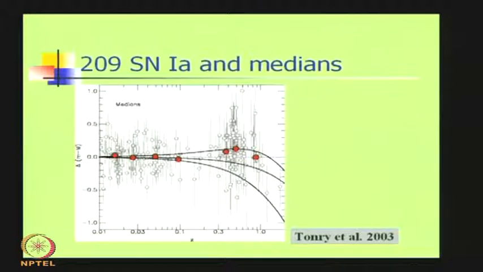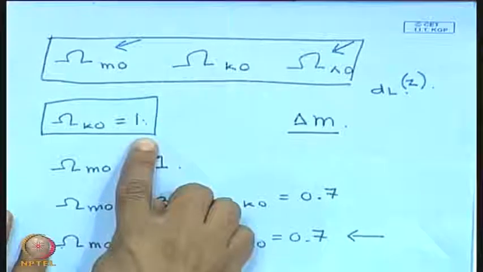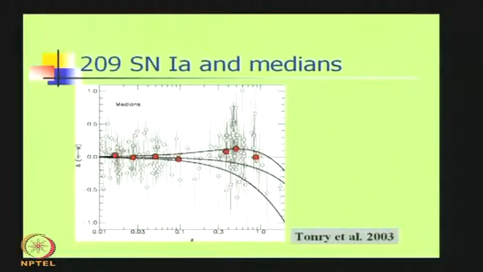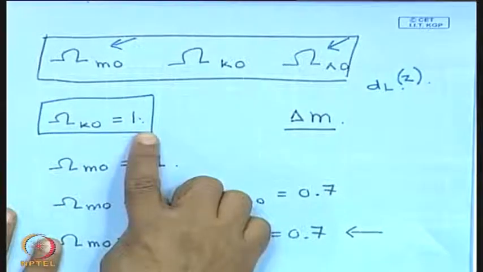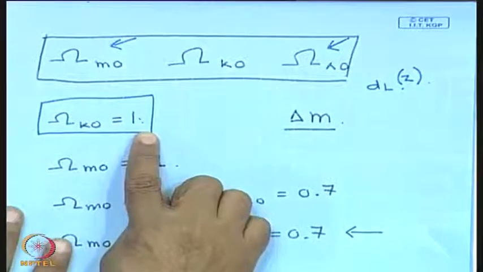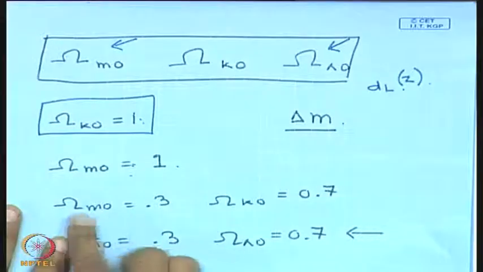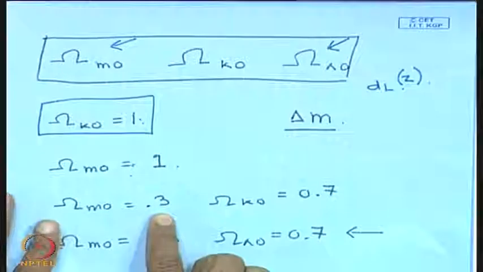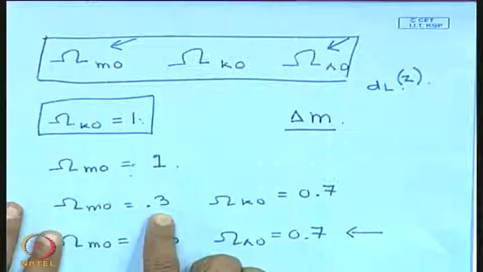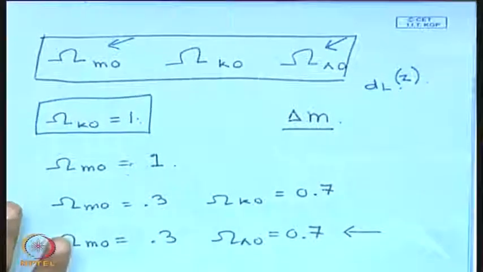The horizontal line through the center is this model, and the lowermost curve is a model which has only matter, omega matter equal to 1. The curve over here is a model with a mixture of matter, omega matter 0.3, and the rest curvature.